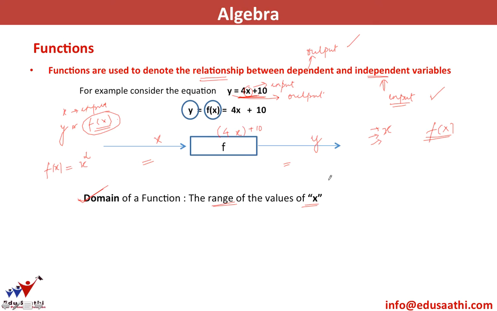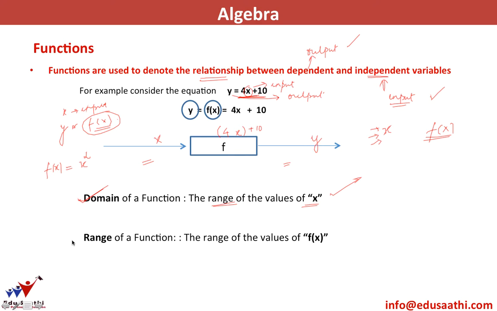The domain is generally a set of real numbers that we'll be talking about. Sometimes the domain of the function is restricted to a specific set of values of x. Sometimes it could be all real numbers, sometimes there is a specific set of values of x which can be taken as an input variable.